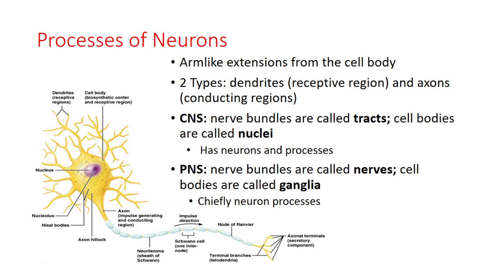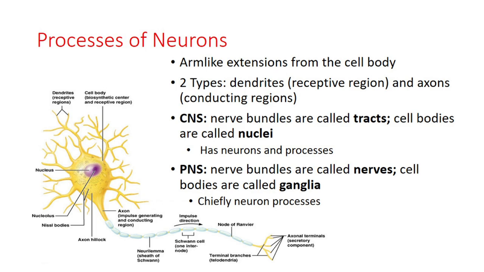If you have cell bodies and they're called nuclei, we're looking at cell bodies of neurons, but only in the central nervous system. For the peripheral nervous system, nerve bundles or bundles of axons are called nerves, and cell bodies are called ganglia.